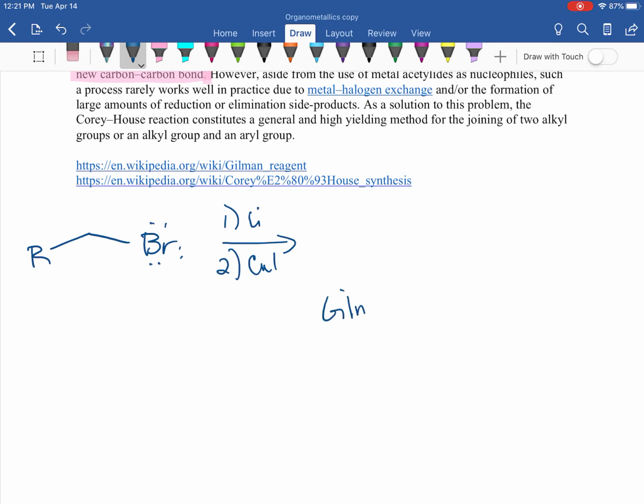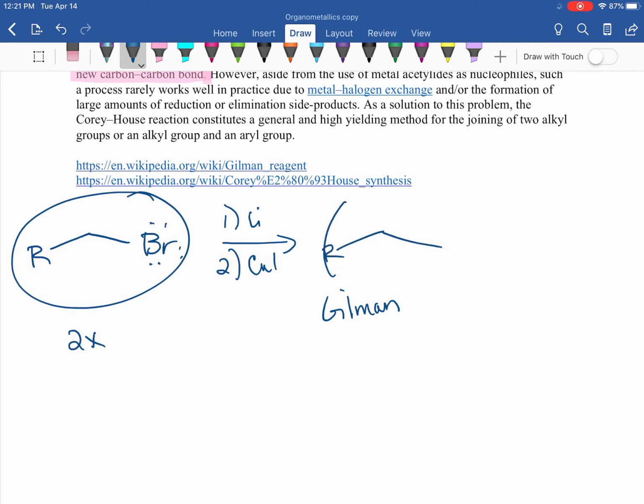And now you're going to make a Gilman reagent. That Gilman reagent, take two of these, and then substitute your copper where your bromine was.